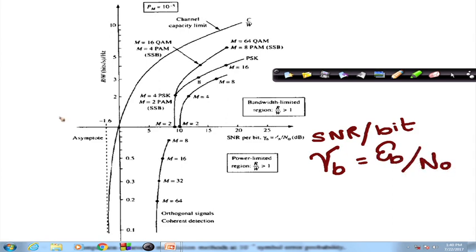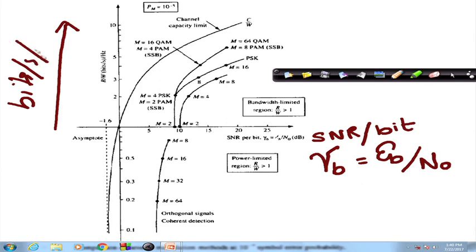And on the y axis we have bits per second per hertz. What we see over here is that as we keep increasing the Eb by N naught, the channel capacity or the spectral efficiency keeps on increasing following this line, and this is well established by the expressions we had seen before.